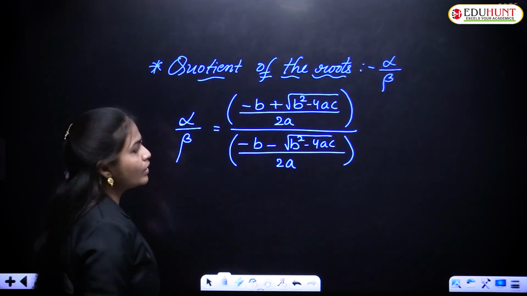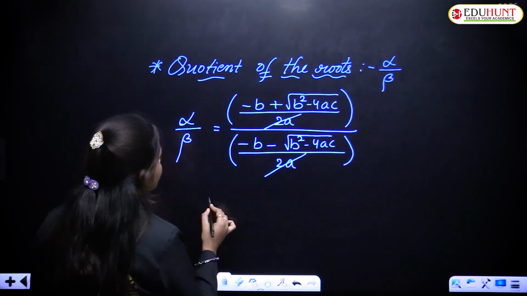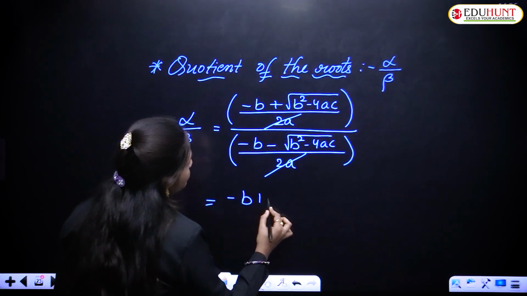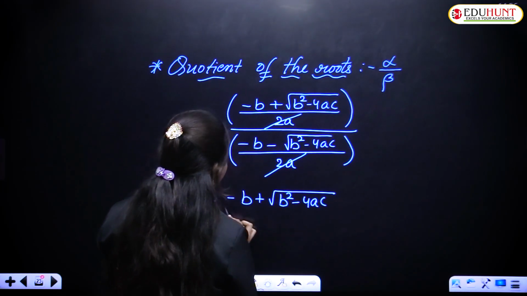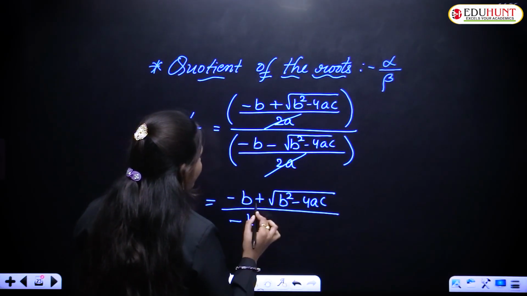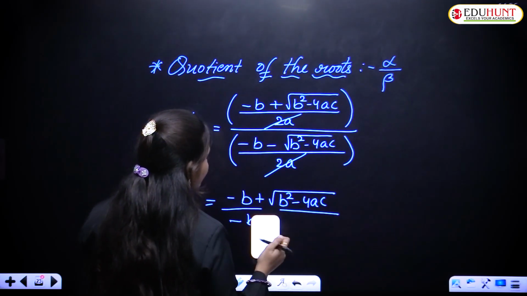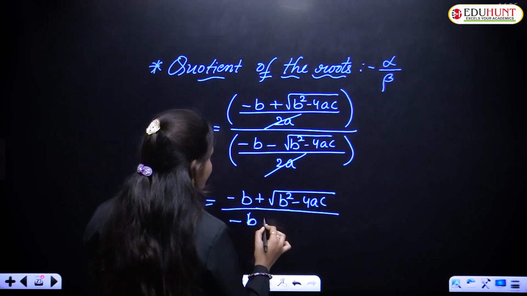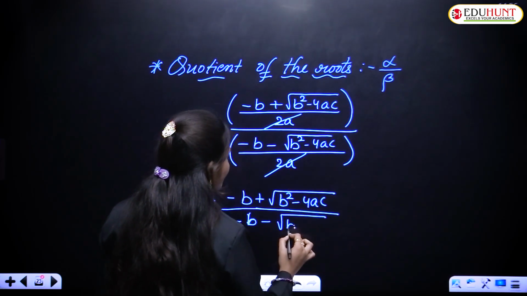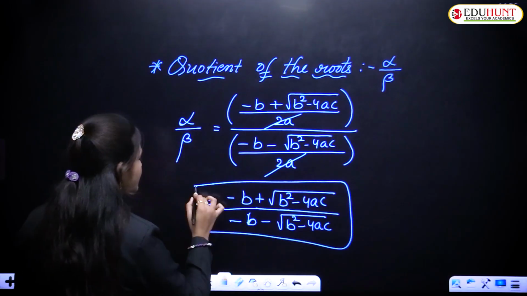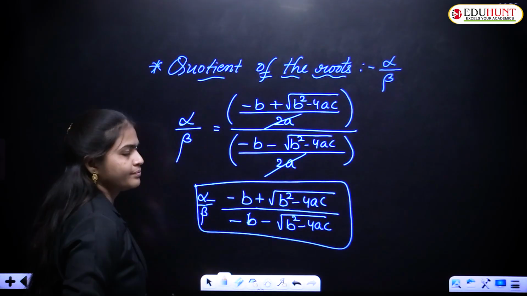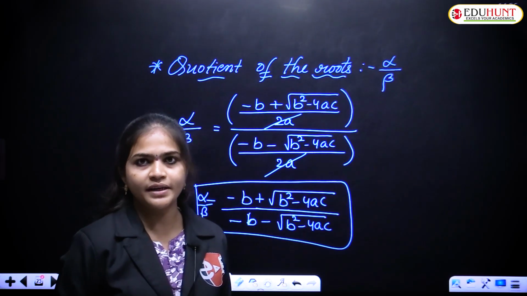So here 2a and 2a get cancelled. So it is equal to (minus b plus square root of b square minus 4ac) by (minus b minus square root of b square minus 4ac). So this is the value of alpha by beta, the quotient of alpha and beta.